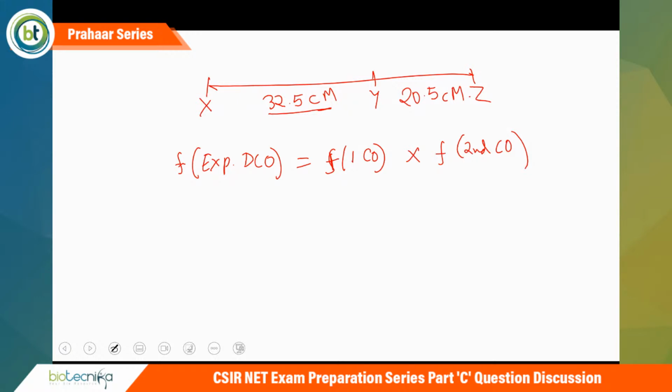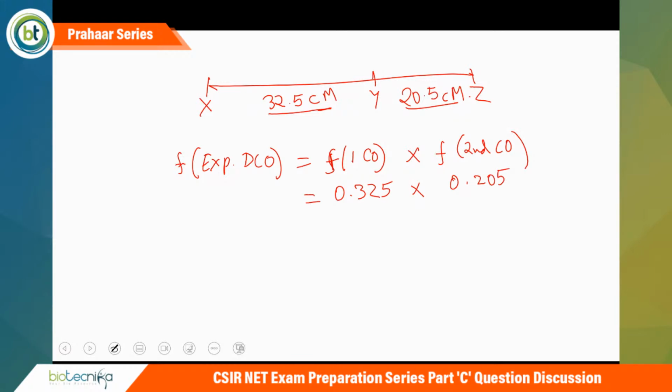If you remove the percentage, that gives us the recombination frequency. So between X and Y, it becomes 0.325. Similarly, between Y and Z, again removing the percentage, it becomes 0.205.